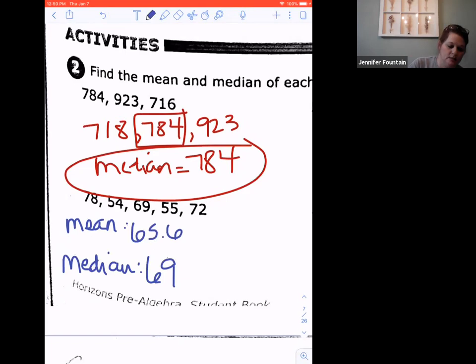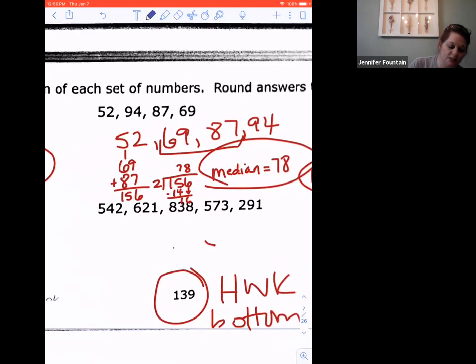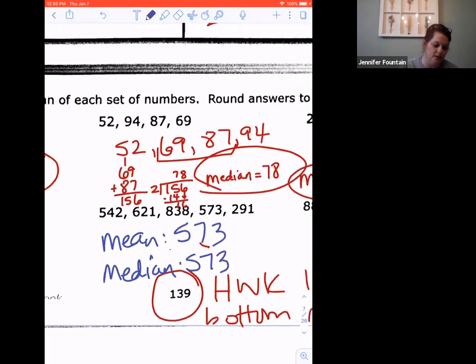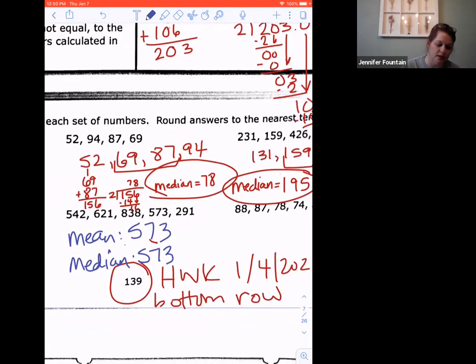All righty. Now let's look at the next one. When I put them in order from least to greatest, my median, looking at my middle number, is 573. And if you did the mean, it is also 573. So on this one, it's 573 for both.